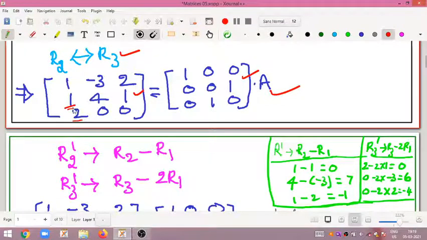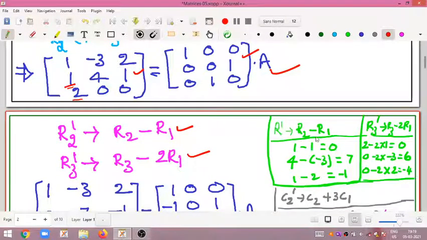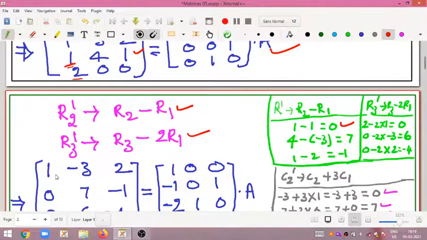So the row operations are R2' = R2 - R1, and R3' = R3 - 2R1. See here, R2' = R2 - R1 means the R2 first element is 1 and the R1 element is 1, so 1 - 1 = 0. This 0 I kept here.